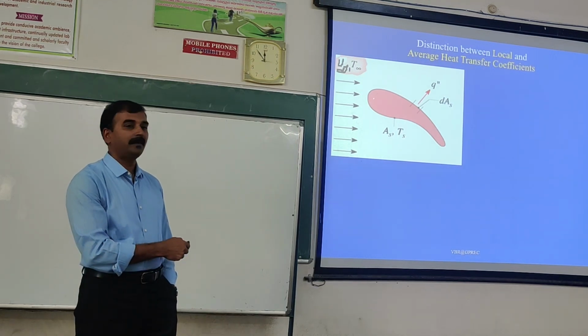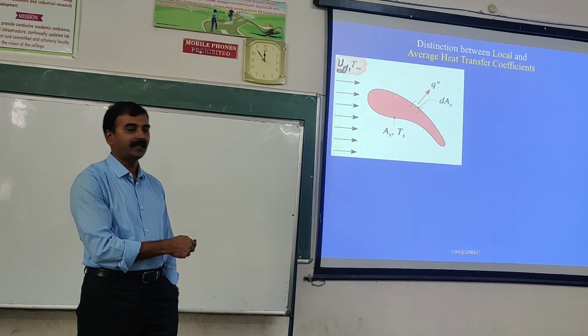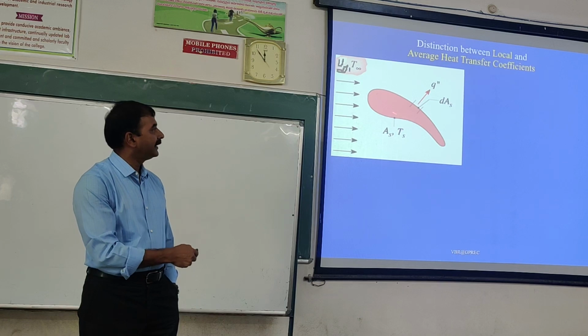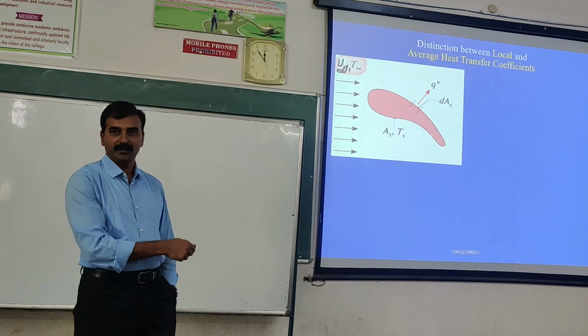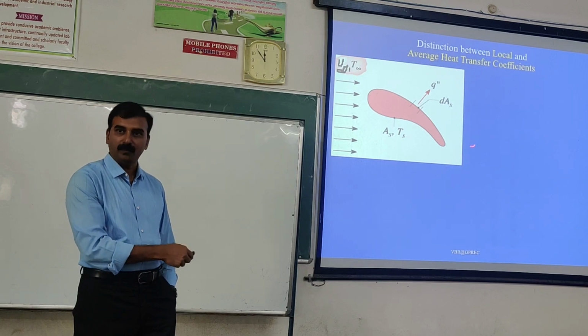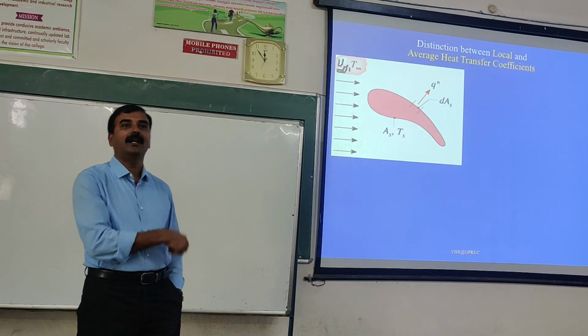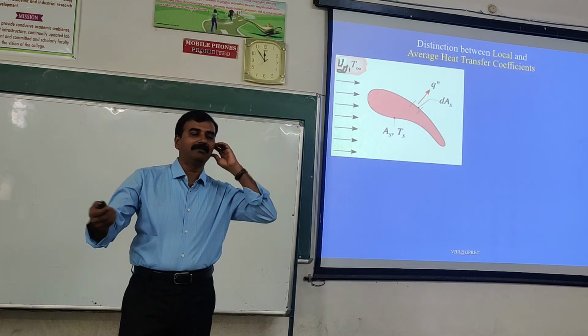One part of the body may be experiencing a different condition compared to the other part of the body. Therefore, the heat transfer coefficient need not be the same or constant throughout this body. It may differ from point to point because the factors that influence the heat transfer coefficient are varying from point to point. You all can imagine these things.